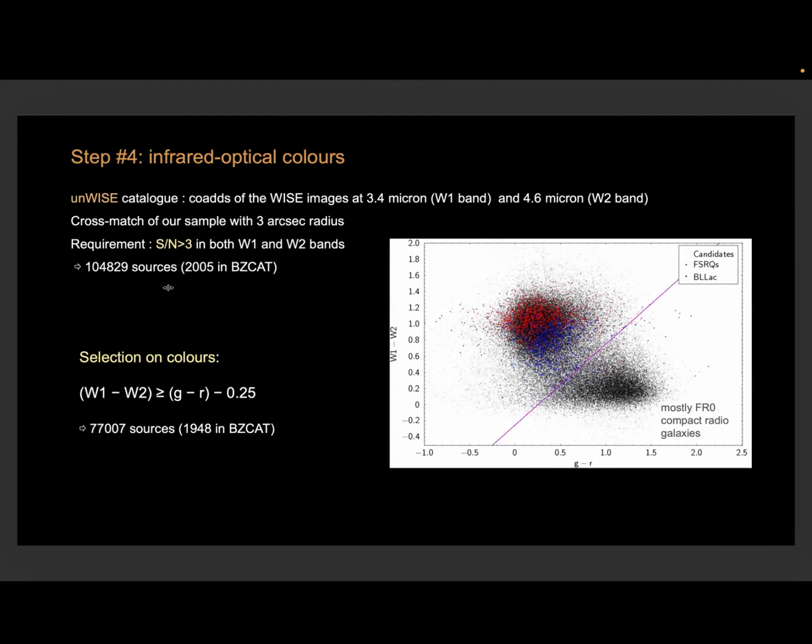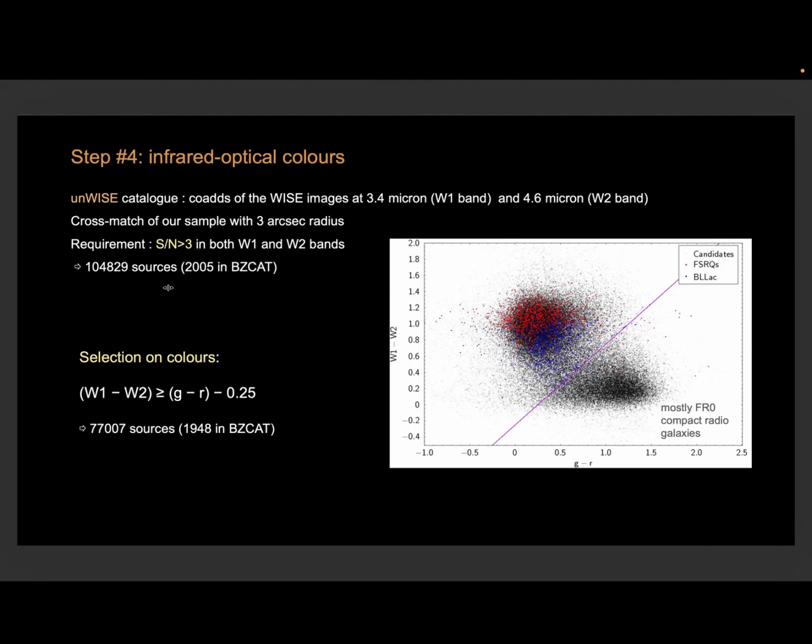Then we also looked at the infrared properties. So what you see here is the color plot of the infrared spectral index, for which we used the NEOWISE catalog, as a function of the optical spectral index. And you see that our sources distribute into two kinds of blobs.